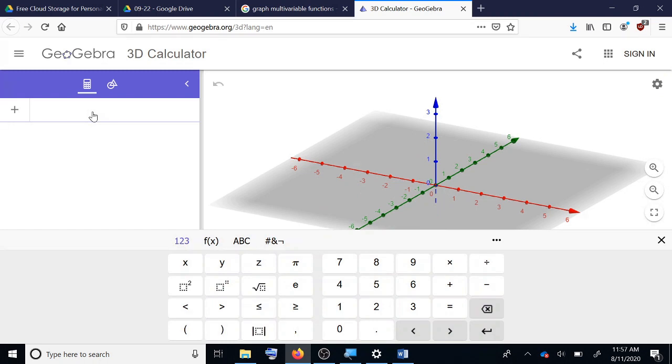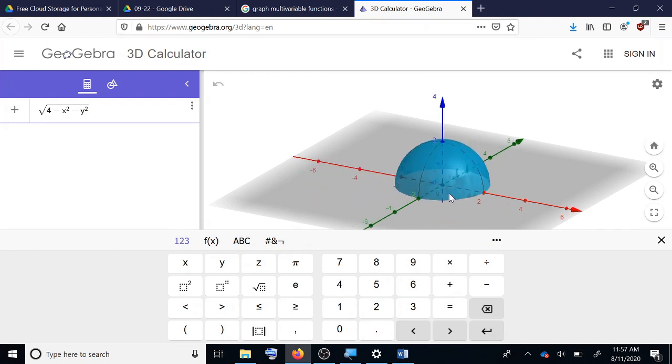Hold on, I'm going to dock this tablet on my keyboard, and I'm going to type in the formula for the function that we had, which is the square root of 4 minus x squared minus y squared. Okay, and it's automatically graphed in blue. Here is the surface that we get, the graph of this function.